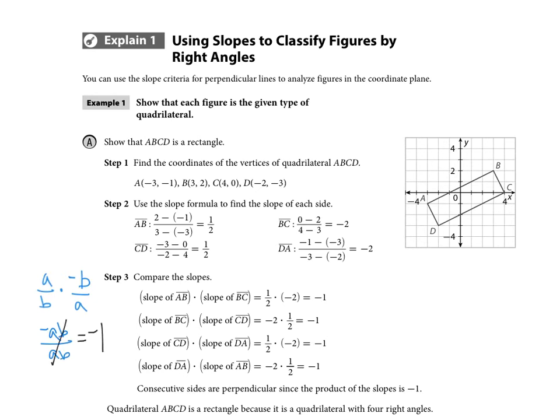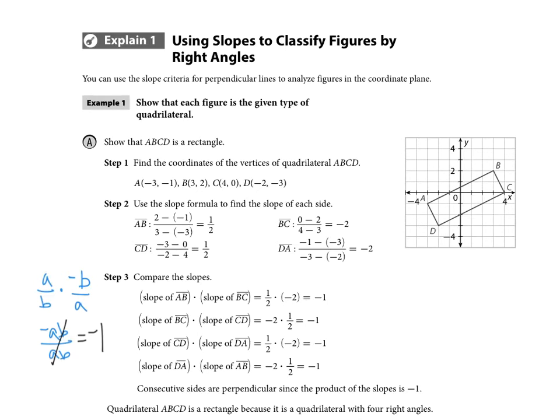So that's why they're looking at the product of the two consecutive sides' slopes to be -1 each time. If it's a rectangle, there need to be 4 pairs of consecutive sides that have opposite reciprocal slopes or a product of -1. So just like before, we're going to identify what the slopes are.